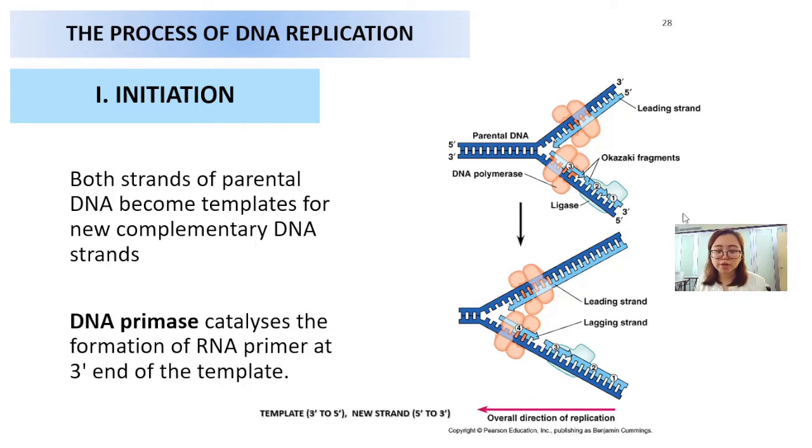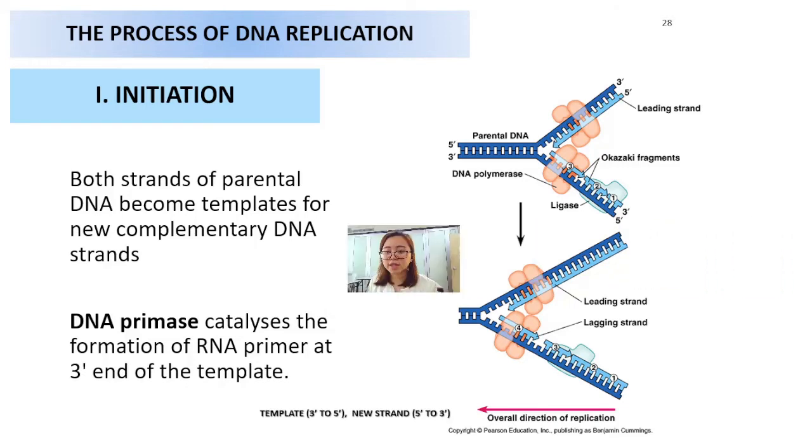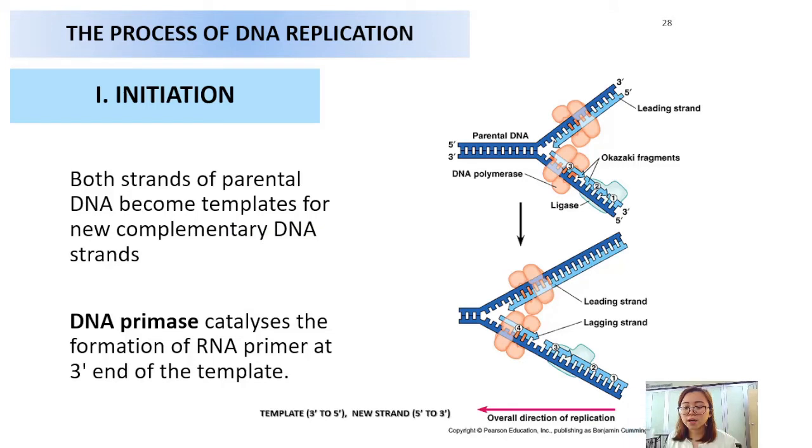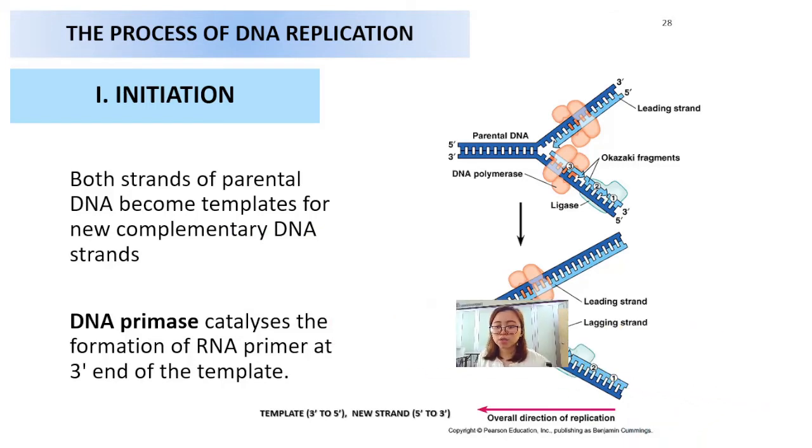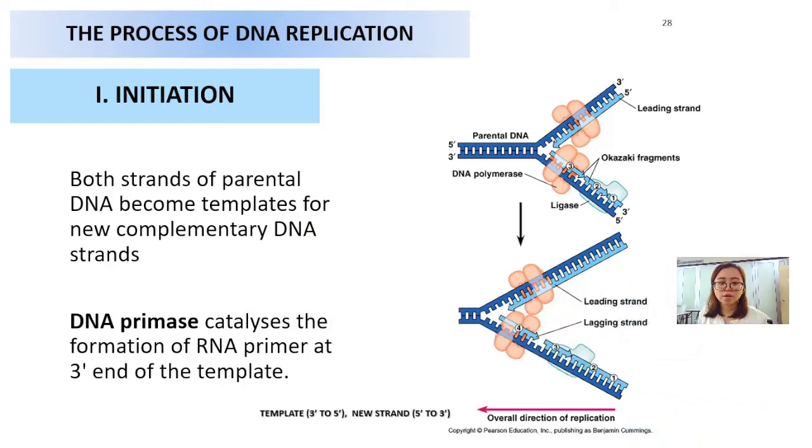Tapi kalau kita tengok diagram ini, direction of replication is from right to left. Okay, direction of replication is from here to here. So the DNA primase will start by putting an RNA primer. Sepatutnya dia gunakan DNA nucleotide. Tapi enzim-enzim dalam badan ini kadang-kadang diorang kurang yakin ataupun dia tidak dapat cari DNA.